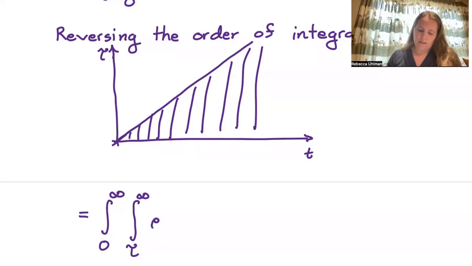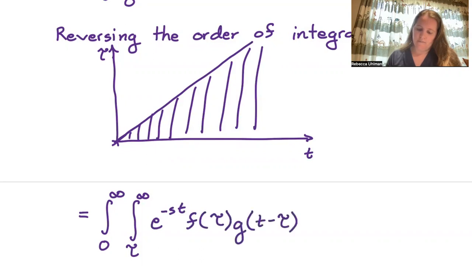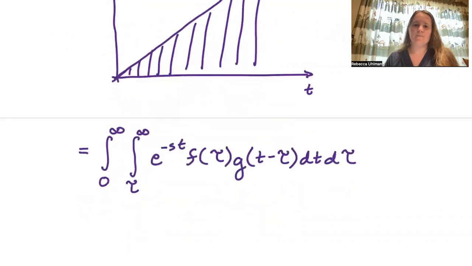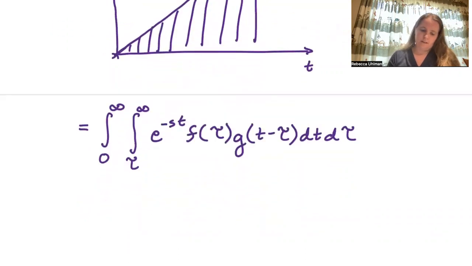Then we have e to the negative st times f of tau times g of t minus tau dt d tau, reversing our order of integration. Since we are integrating with respect to t first, we can pull that f of tau outside of that inside integral.